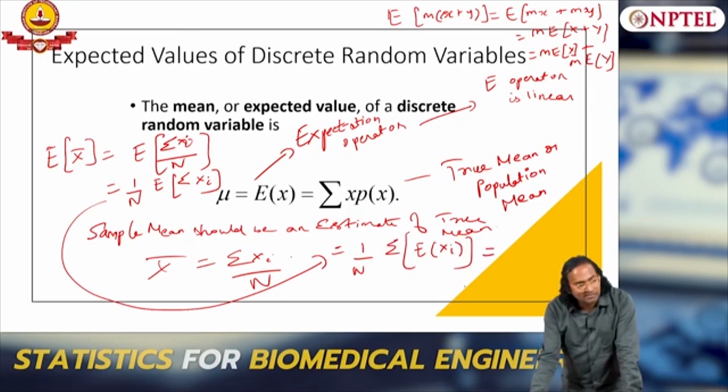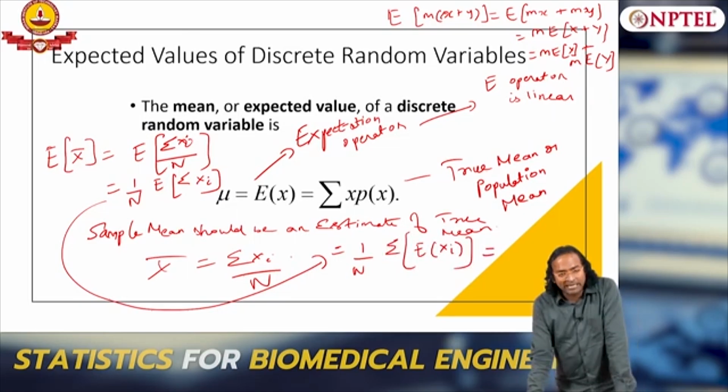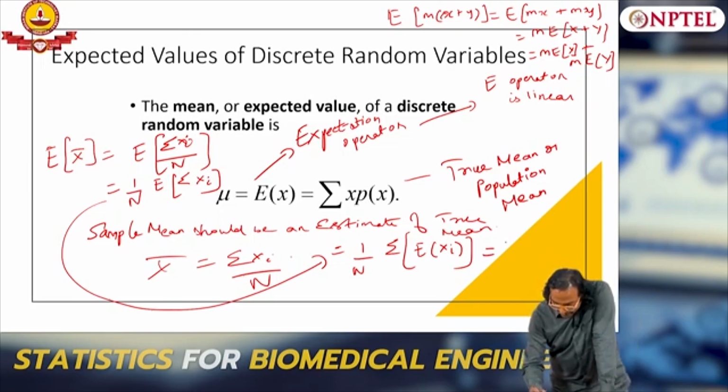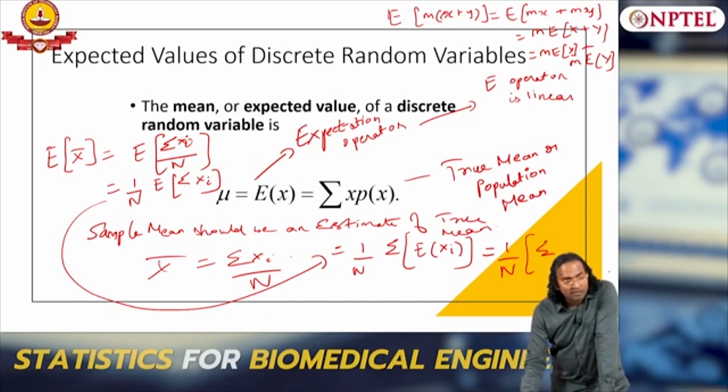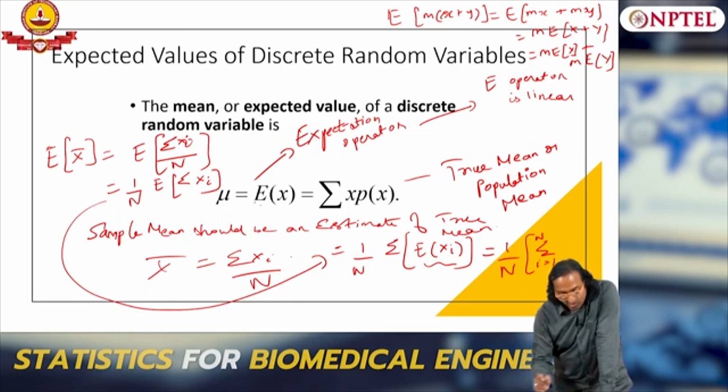Now what is this? 1 over n summation of expectation of xi. What is expectation of xi? You have it above. Mu, the population mean, right? So this is nothing but 1 over n times n mu.